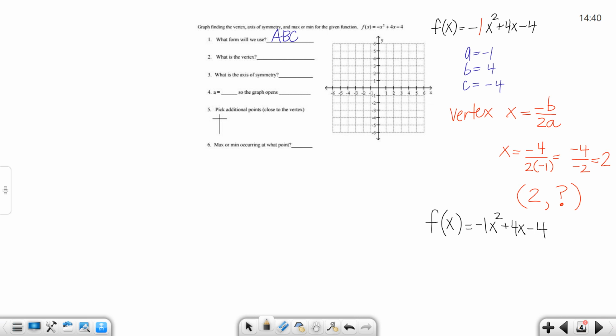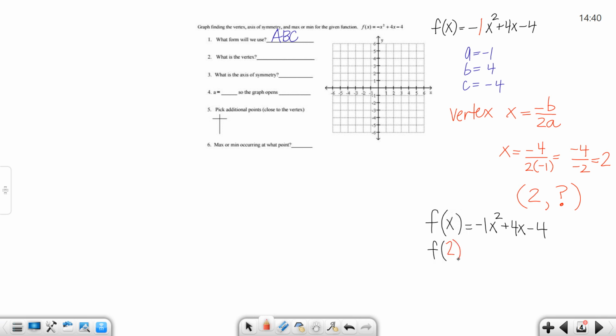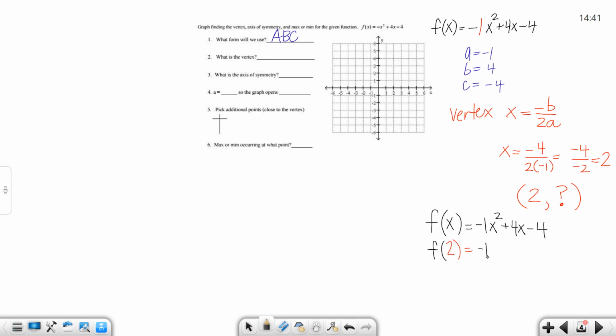To find the second part of the vertex, I need to take 2 and plug it into my function. When I plug 2 into this function, it looks like this.